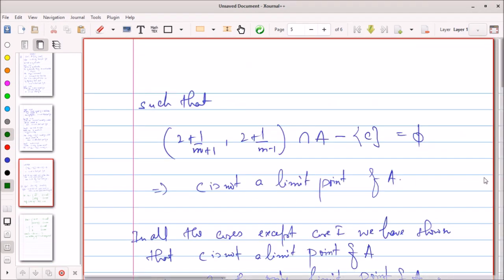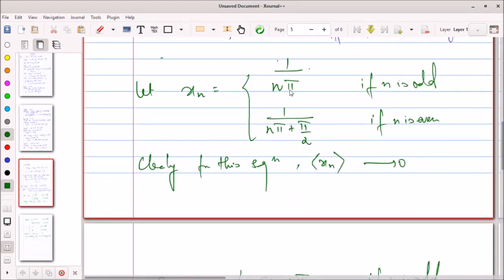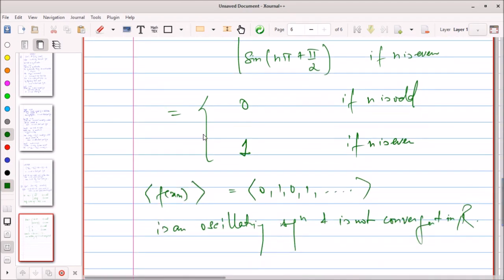This is the sequence x_n, 1/(n pi) if n is odd, 1/(n pi plus pi/2) if n is even, such that x_n converges to 0, but f(x_n), which is the oscillating sequence 0, 1, 0, 1, is not convergent in R.